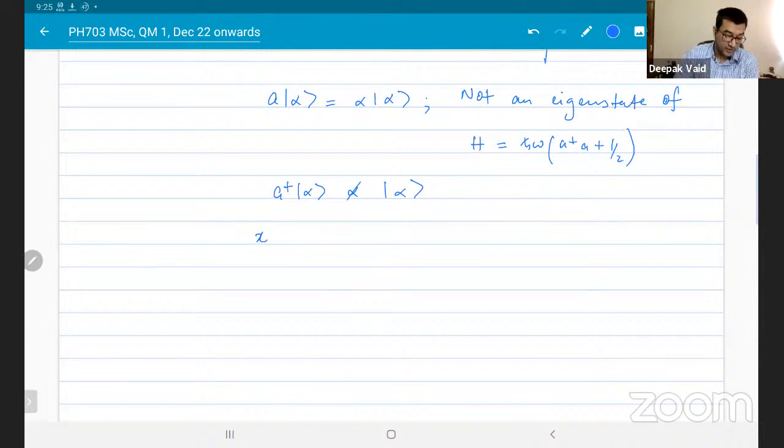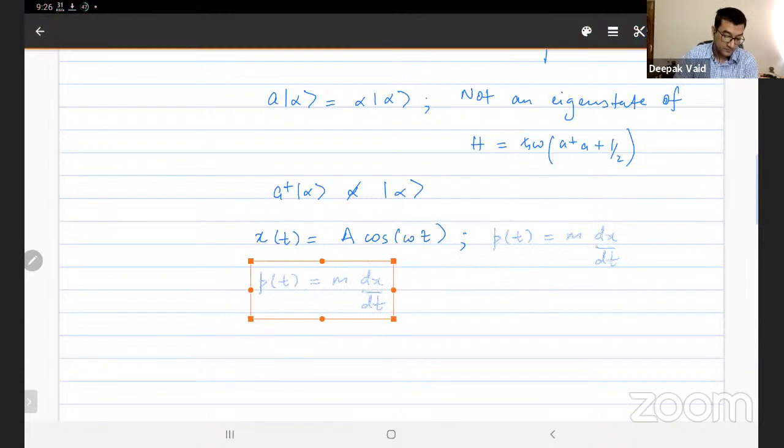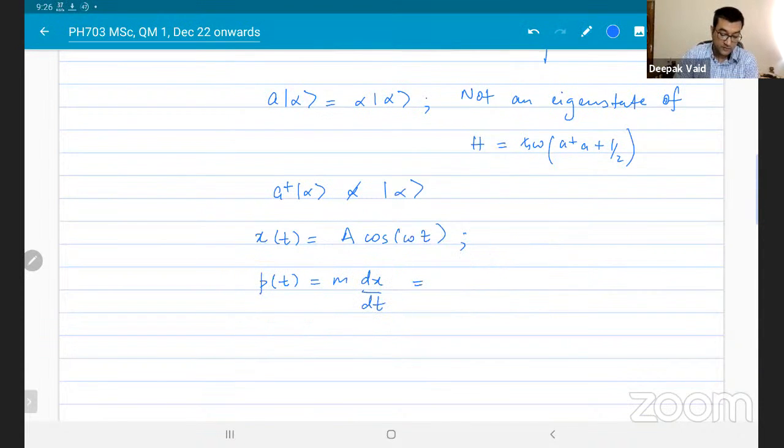Now remember for the harmonic oscillator, if you look at the solution, what do you get? Something like x of t is equal to some A cosine omega t, let's say. Then from this, if you calculate the momentum, what is that? m dx by dt, right? What do you get? Minus A omega sine omega t.